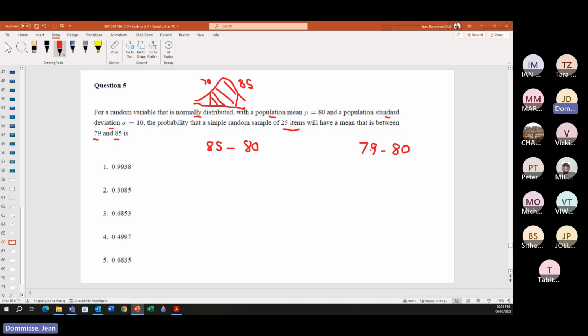As we do the one, we just do the other one, as we nearly do the same. We're going to divide both by the standard deviation divided by the square root of the sample size.